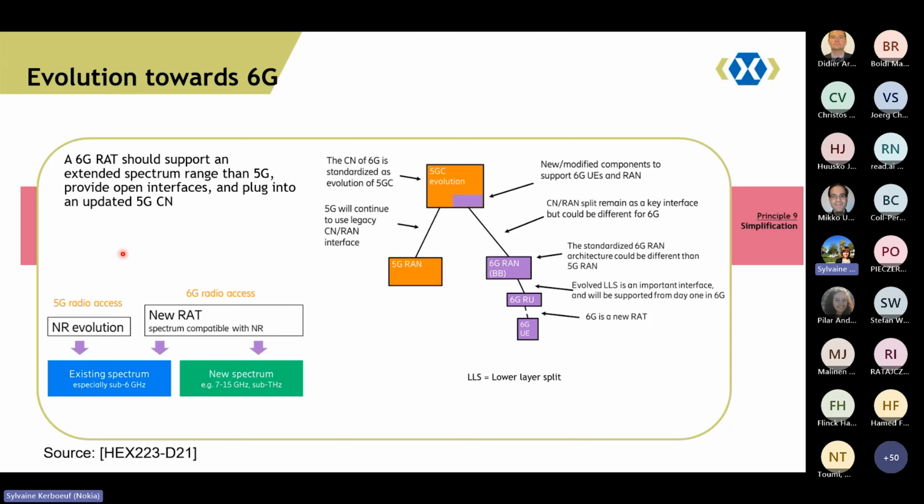And 6G RAN will be gradually deployed in coexistence with 5G. We will use multi-rate spectrum sharing implemented in 6G from the beginning to allow dynamic allocation of spectrum resources between 5G and 6G.